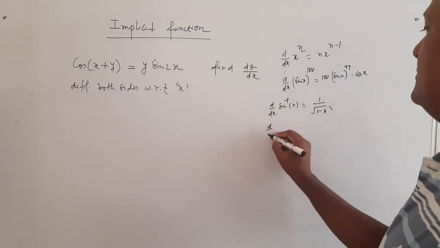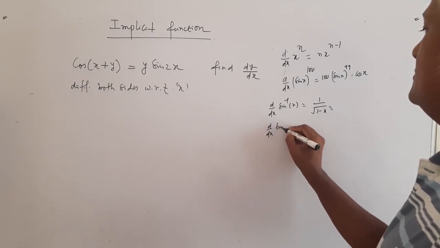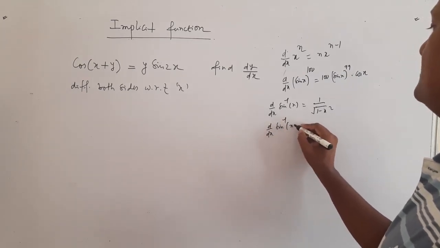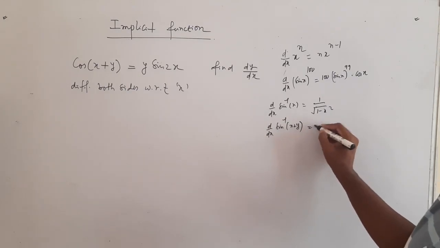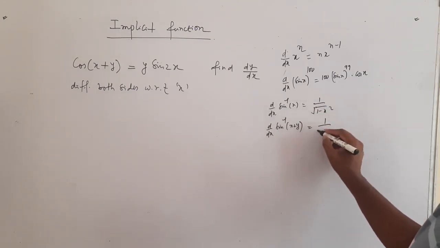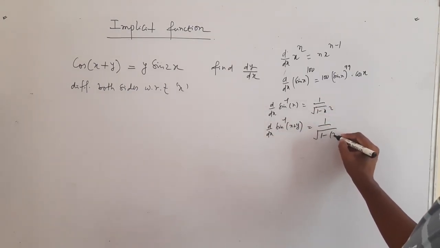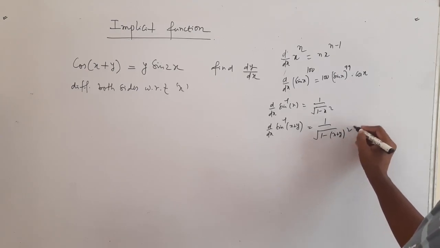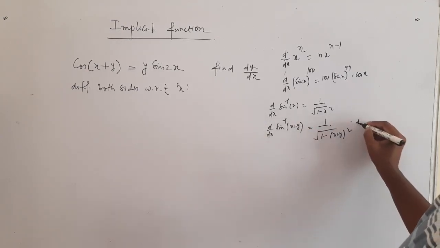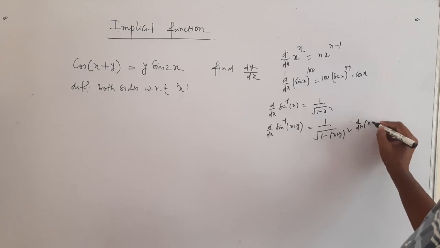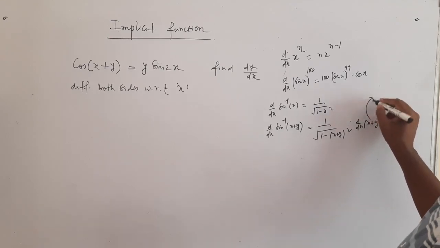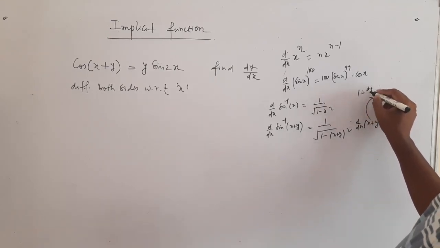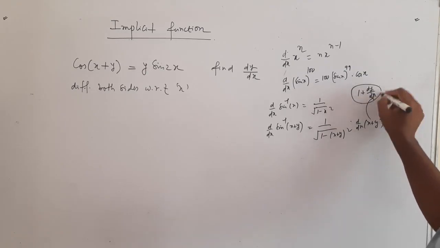Now when you have to differentiate d by dx of sine inverse of (x + y), suppose, you just write 1 over under root 1 minus (x + y) whole square, and the differentiation of x + y, which will become 1 plus dy by dx.